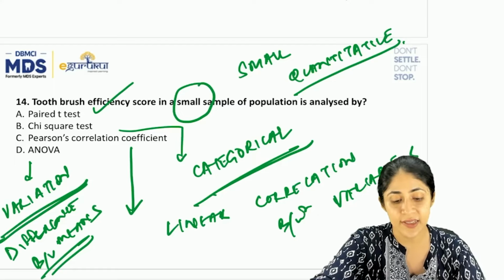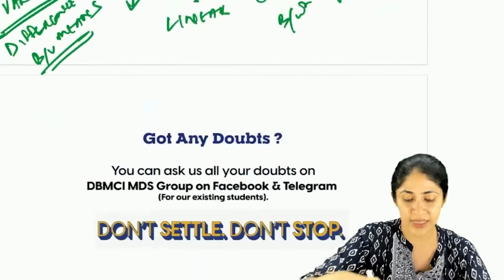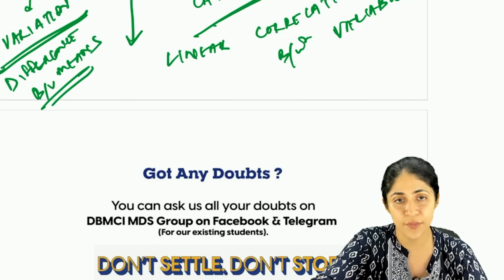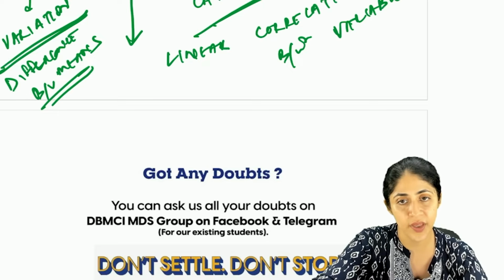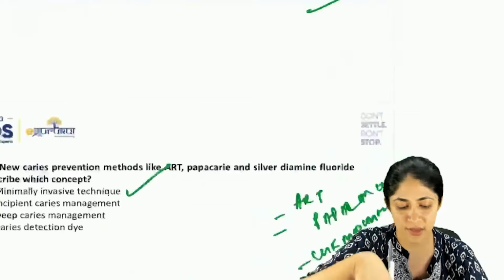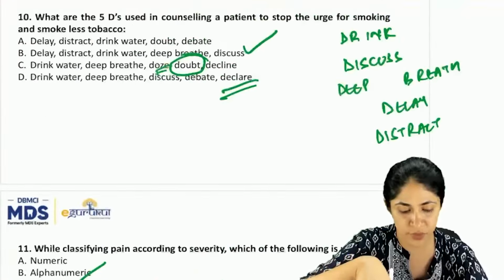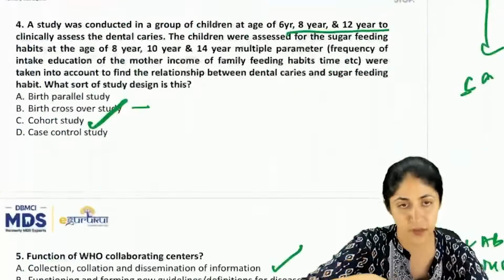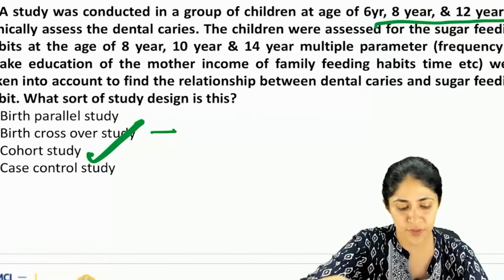With that, I think we complete our GT discussion for all the questions. I hope the other concepts are also clear to you. I hope the study designs are also very clear to you. What is basically a retrospective study?